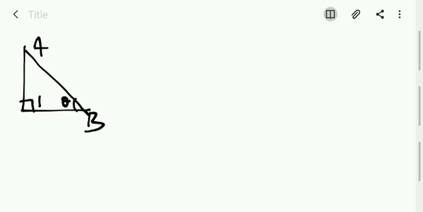Now what's the next function? I'll be writing it again and again, not an issue. Now triangle ABC, and this is theta, angle B is 90 degrees.